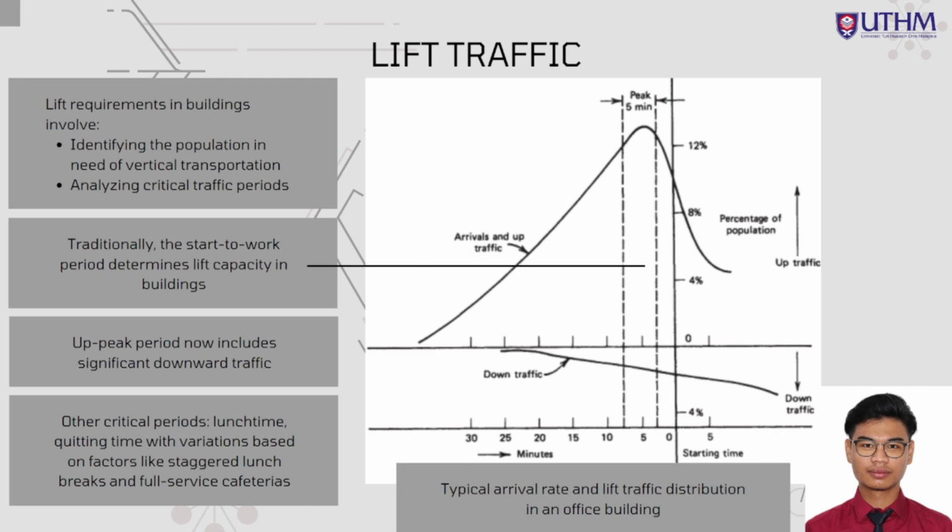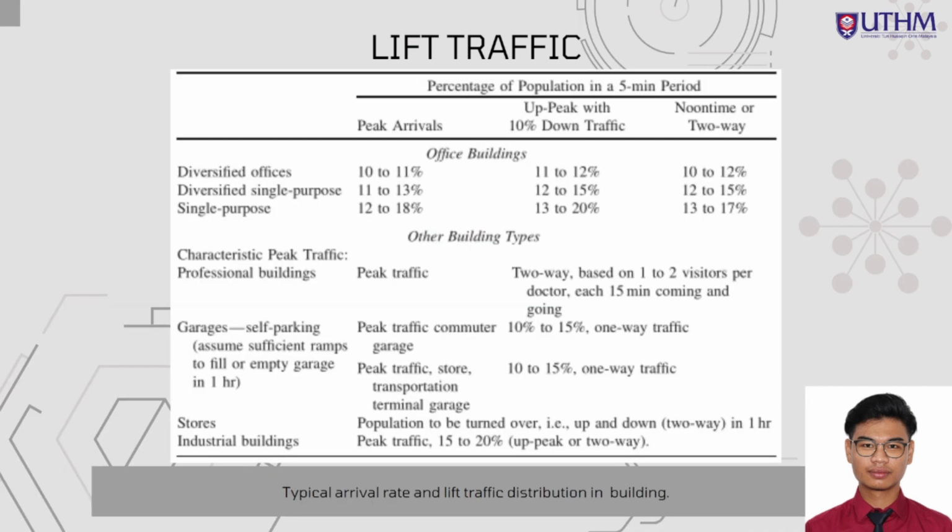Just for your information, the mentioned office building is just a baseline. From this slide to the next slide will be all the tables as our guidance for our choice of lift. So this table is the typical arrival rate and lift traffic distribution in buildings.